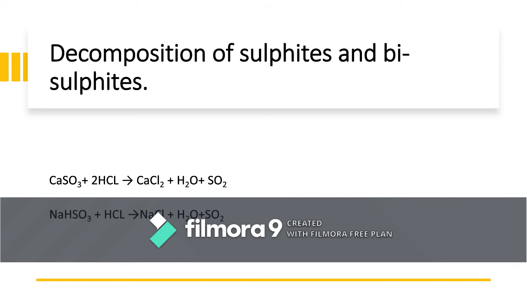Similarly, sodium bisulphite, when reacted with dilute hydrochloric acid or dilute sulfuric acid, will give you salt, water, and sulfur dioxide. So, in this case, sodium bisulphite, when reacted with dilute hydrochloric acid, will give you sodium chloride plus water plus sulfur dioxide gas.